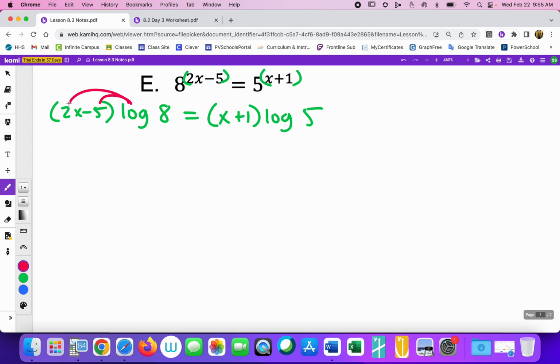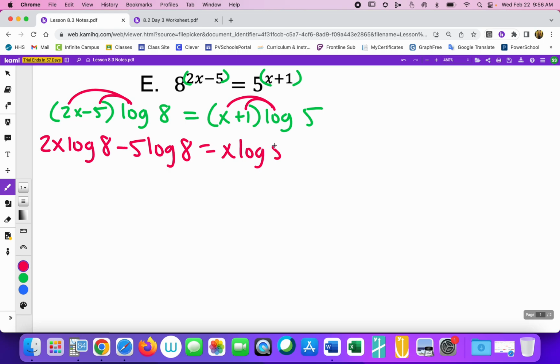So log 8 times 2x is just 2x log 8, okay? Not a ton of complication there. Just stay organized. And then minus 5 log 8 for our second one. Okay. So just distribute that in to remove the parentheses. We're gonna do the same thing over here. So that would be x log 5 plus, you could do a 1 log 5, but just log 5 will cover it.